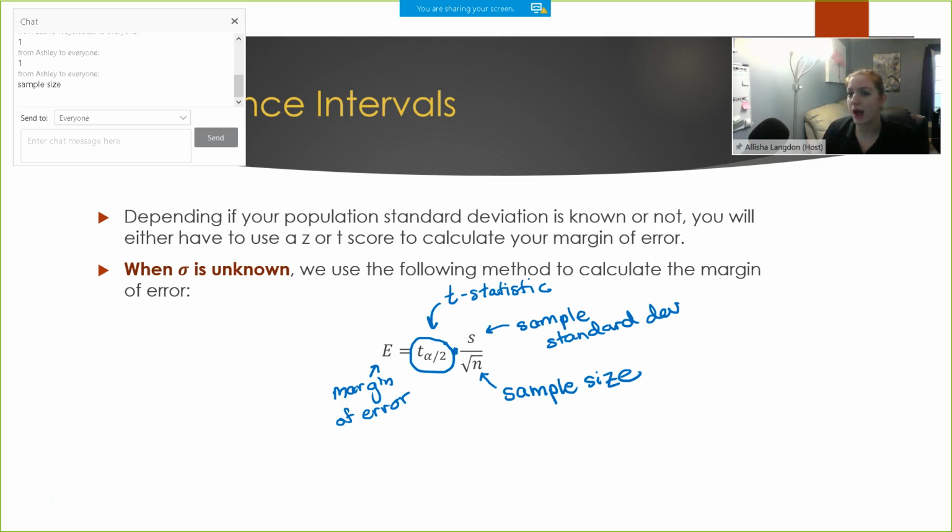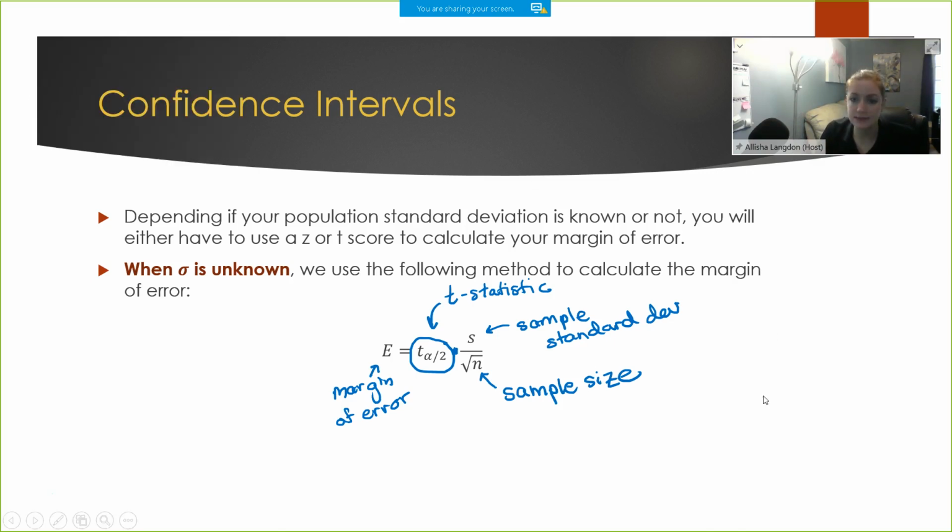So that's why I'm trying to practice them and get you guys set up to be strong in this part. Okay, and then we talked about this before. The degrees of freedom is n minus 1. So when you're calculating the degrees of freedom, you're going to take your sample size and you're just going to subtract 1. So my sample size was 200. I'd subtract 1 and get 199.